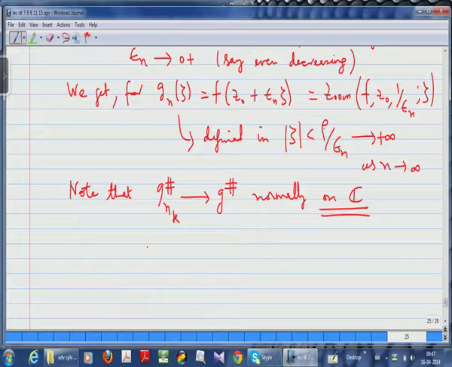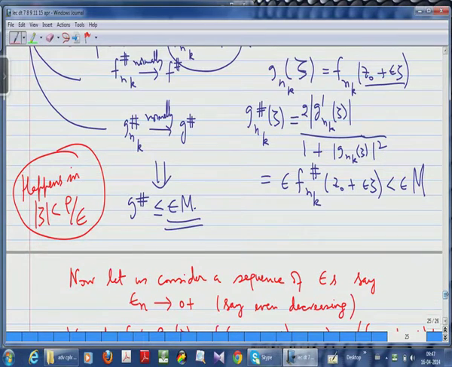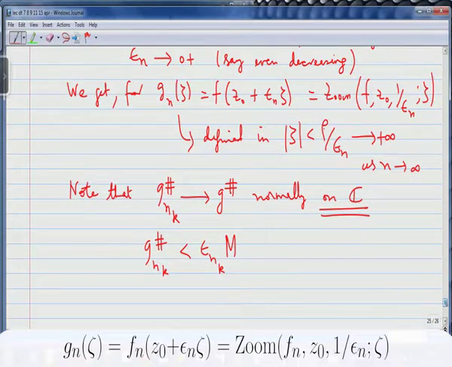It will be epsilon_nk times M. So you will get g_nk hash is bounded by epsilon_nk times M. Earlier we got the bound as epsilon M, but now the epsilon is epsilon_nk in this case. This goes to g hash as k tends to infinity, and this goes to 0 as k tends to infinity.